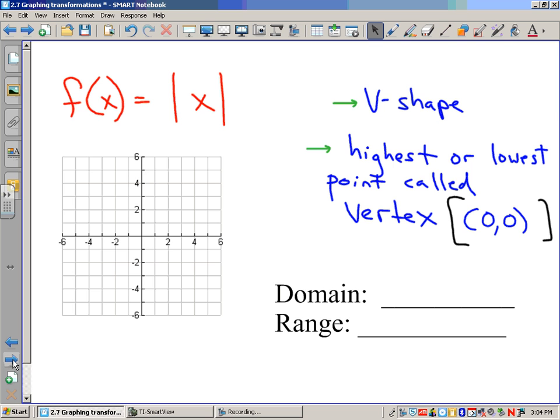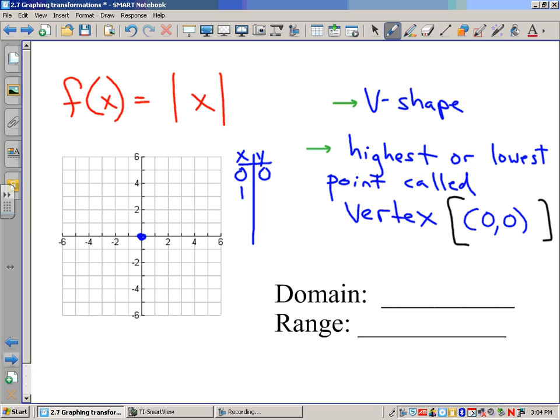So, absolute value. f of x equals the absolute value of x. What this graph looks like is a V shape. Now, if I was going to draw this for the first time, I'd make a table, which we won't have to do because we're going to just shift it. If you put 0 in for x, the absolute value of 0 is 0.